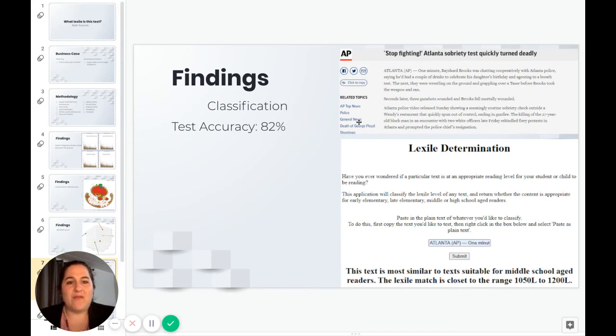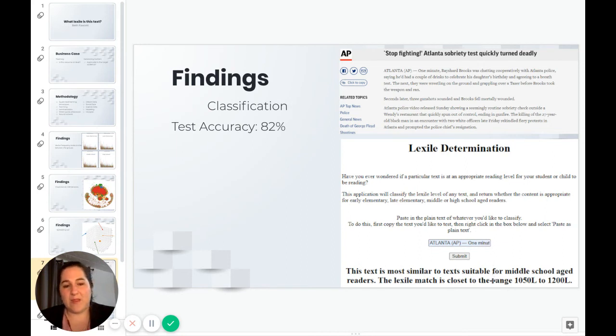At the top, you'll see the news article. It's from the Associated Press, and it's titled, "Stop Fighting, Atlanta Sobriety Test Quickly Turned Deadly." This is a news article that came out 2 weeks ago, if you were watching this in late June of 2020. At the bottom of the page, I just highlighted everything in this article and pasted it into this box here, following the directions: copy the text you'd like to test, then right-click in the box below and select Paste as Plain Text.